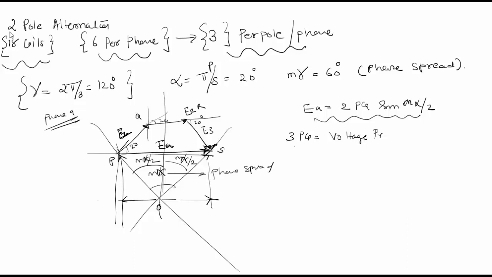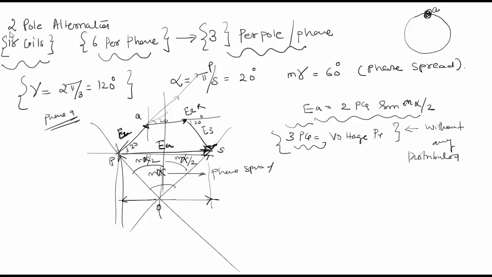So this 3 times PQ is what your voltage would have been without any distributed winding. If you had this core, and all of your winding was located in a single coil of A dash having two turns, then the voltage generated would have been equal to 3 times PQ.